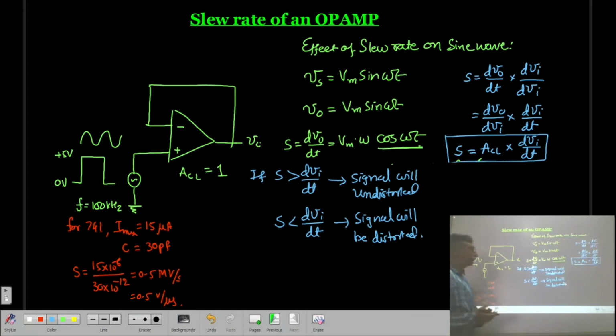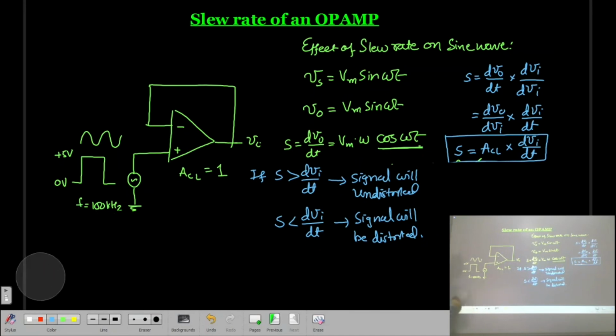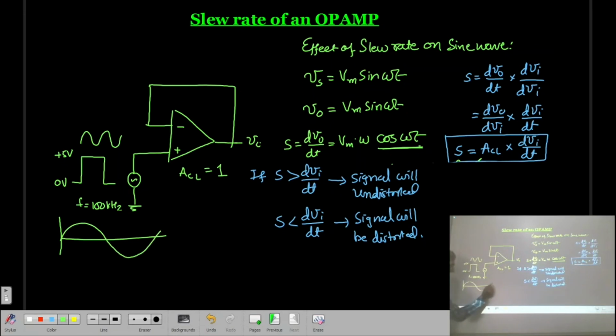So if we have a lower frequency, remember, if I have a sine wave of a lower frequency, it means that my dVi by dt is very small. Correct? Here the f is equal to, I will take 1 kilohertz.